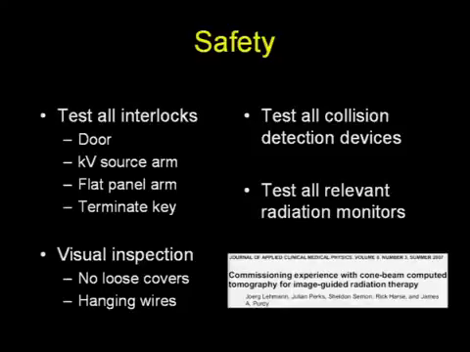It has been reported to me by a user that sometimes the robotic arms of a system can drift out of position, maybe due to some undesired manipulation, and may hit the couch in some way, shape, or form. So users would be well advised to test that these motion detectors are working on a daily basis before putting a patient on the couch.